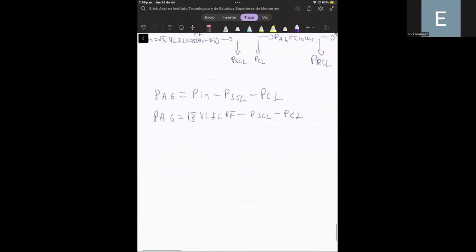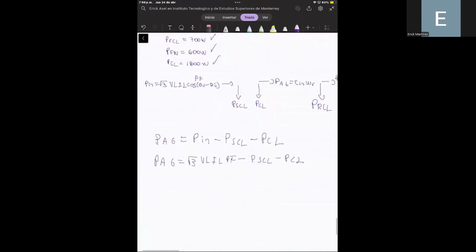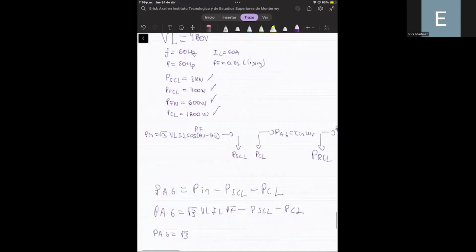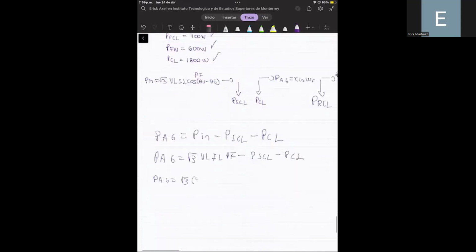And we can substitute the data of the problem. The air gap power is equal to the square root of 3 times the line voltage, that is 480 volts, times the line current, that is 60 amperes according to the problem.